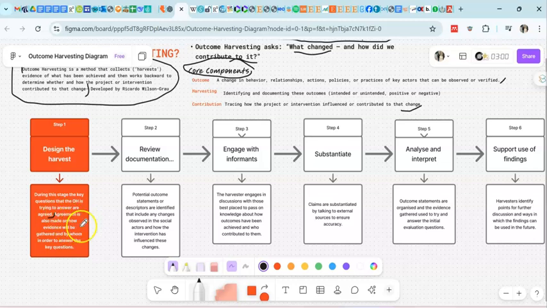Agreement is also made on how evidence will be gathered and by whom in order to answer the key questions. Everything has to be agreed during this stage, including the key questions. And by whom? This is very important.